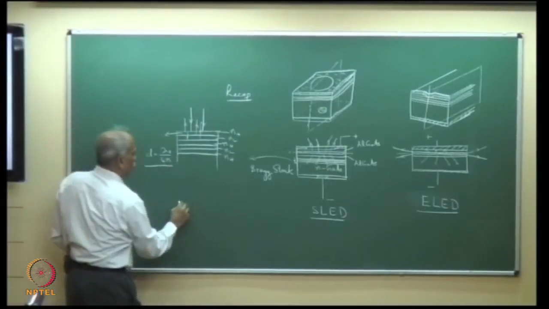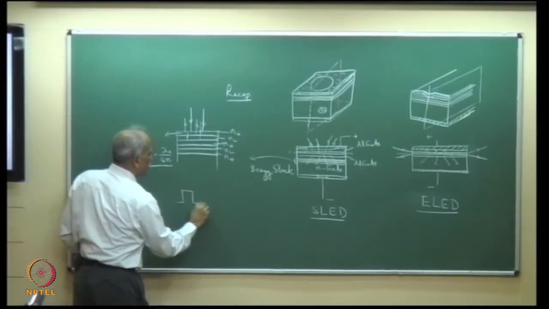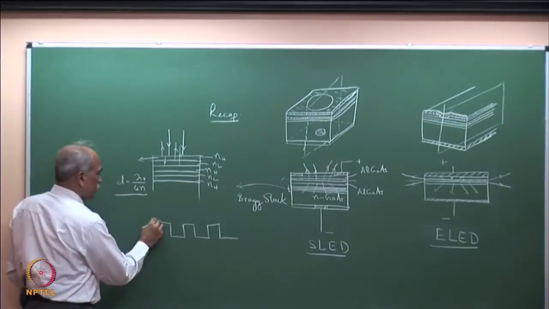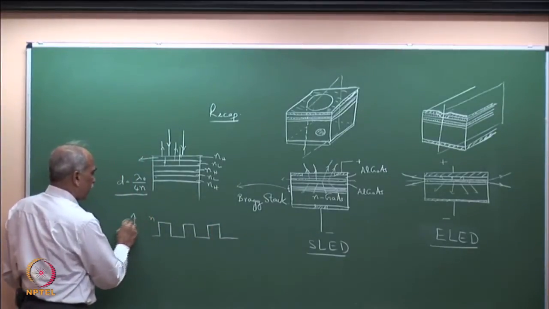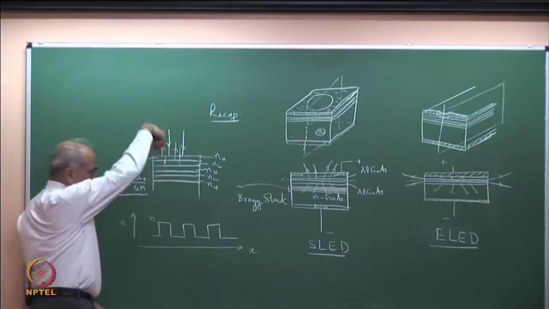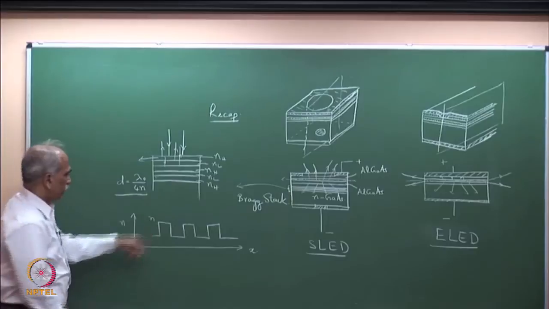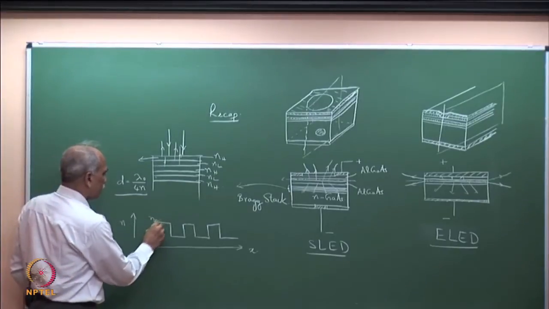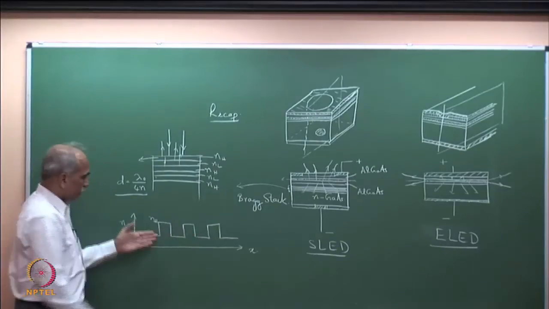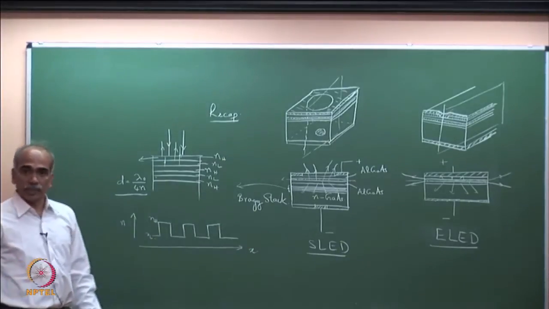Right now, if you take a periodic structure, the refractive index variation would look like this. What I have plotted is n versus x, the depth direction. This is higher index, this is lower index, n_L, lower index, higher index, lower index. But it is a periodic refractive index variation.